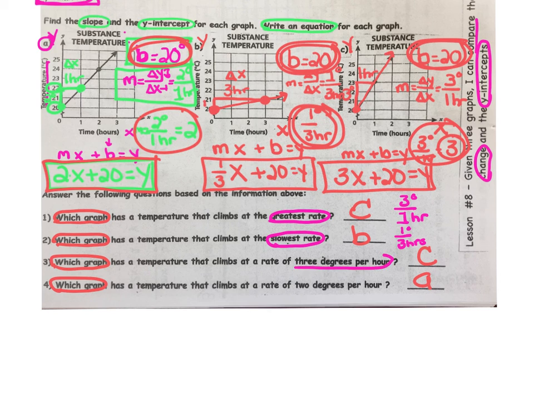The graph that climbs at a rate of 3 degrees per hour, again, is letter C. And the one that climbs at a rate of 2 degrees per hour, well, that's over here, graph A, 2 degrees per every 1 hour. This concludes page 19.